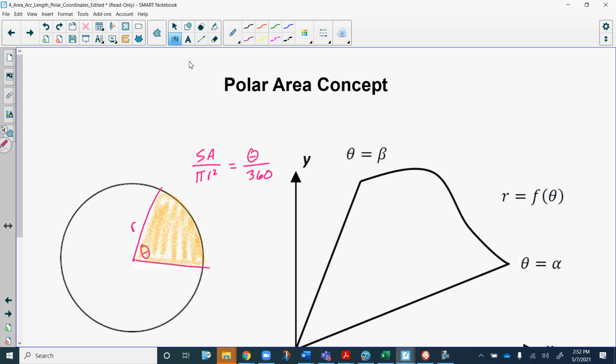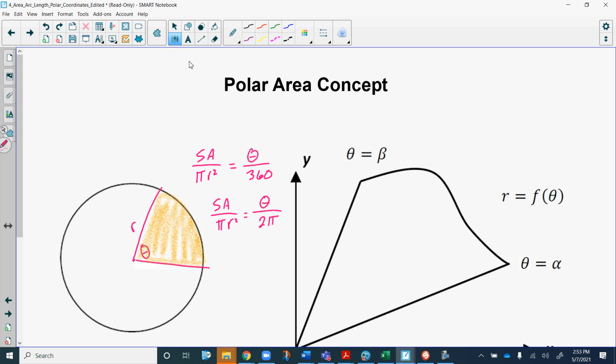In pre-cal, you may have seen the same concept as far as finding a sector area. I'm going to take the geometry formula and rearrange it a little bit. Theta is going to stay the same, but in pre-cal, you start getting into radian measure, so a complete circle is going to be 2 pi.